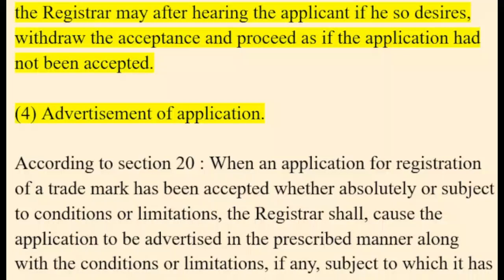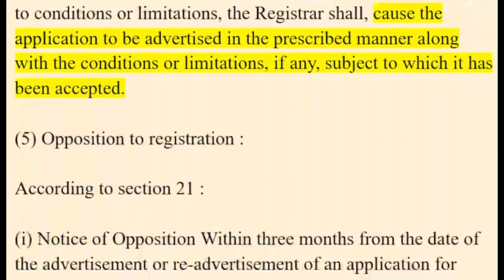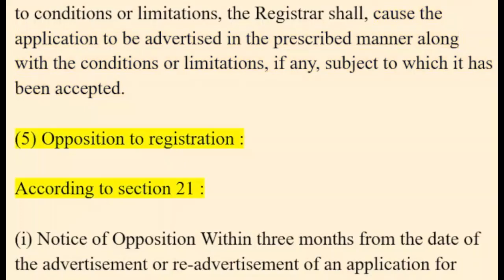4. Advertisement of application. According to Section 20, when an application for registration of a trademark has been accepted whether absolutely or subject to conditions or limitations, the registrar shall cause the application to be advertised in the prescribed manner along with the conditions or limitations, if any, subject to which it has been accepted. 5.